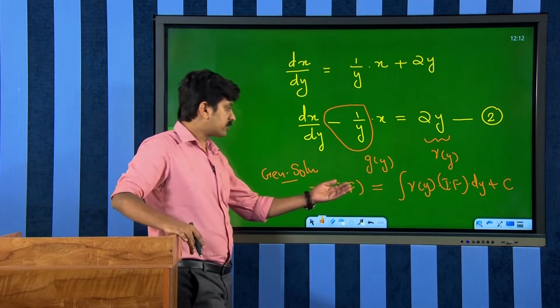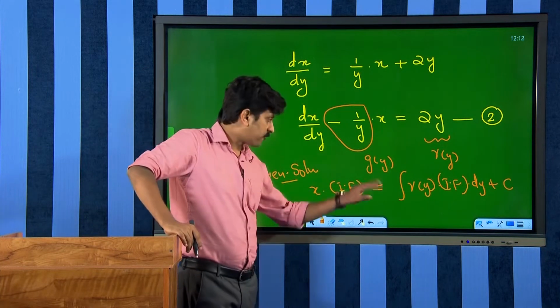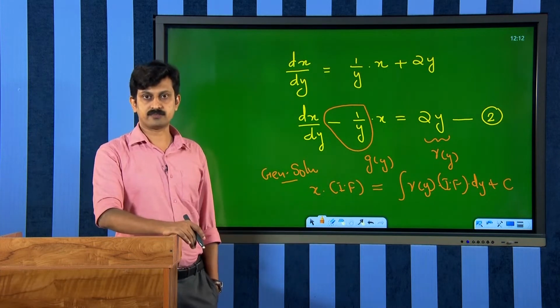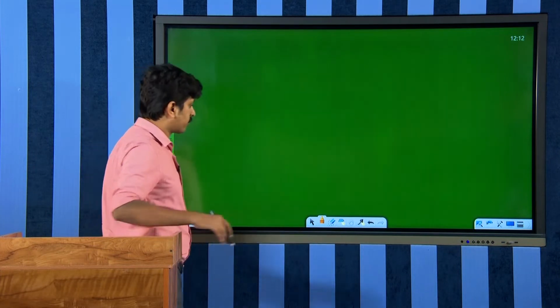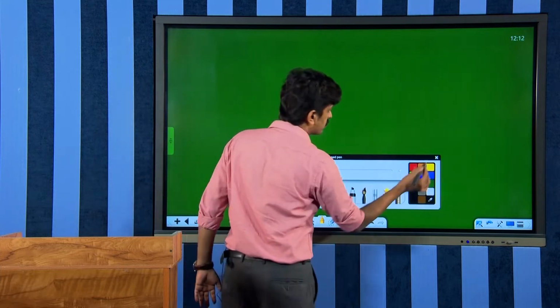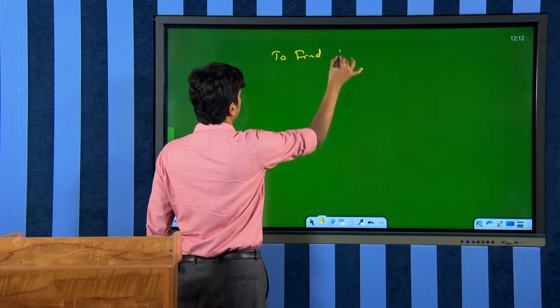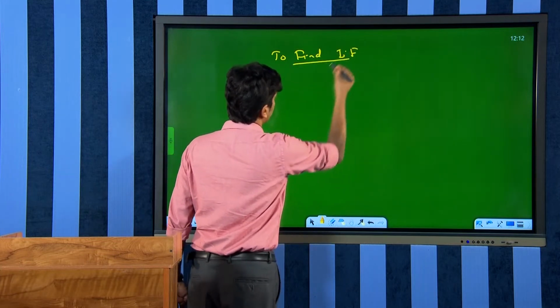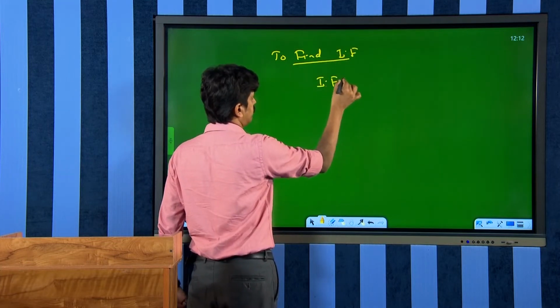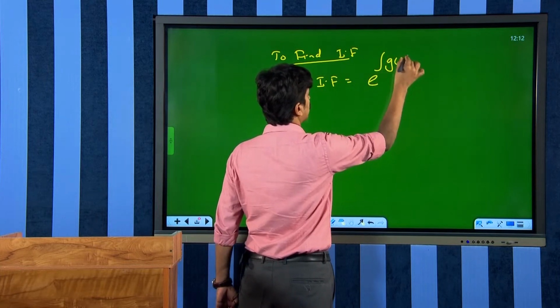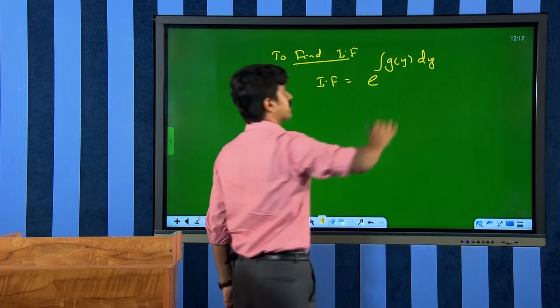To use this formula to find the general solution, we have to find the integrating factor. To find the integrating factor, IF is equal to e raised to integral of g of y dy.